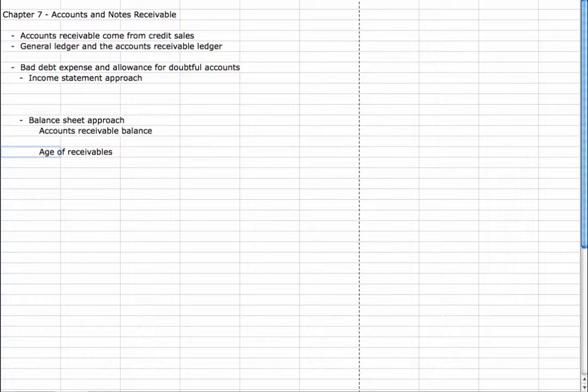Now, there's two approaches to the creation of bad debt expense in the allowance for doubtful accounts. One is called the income statement approach, and the other is called the balance sheet approach.